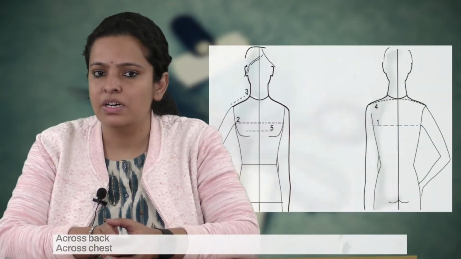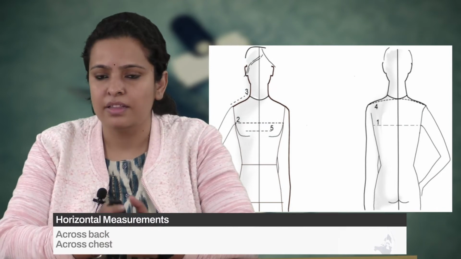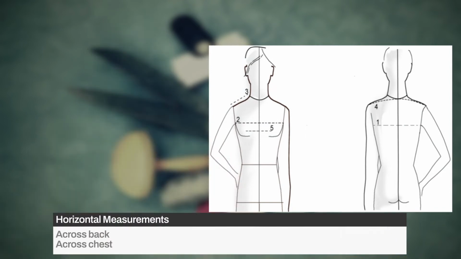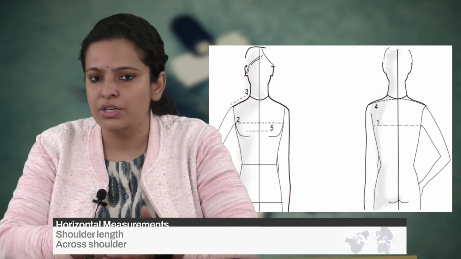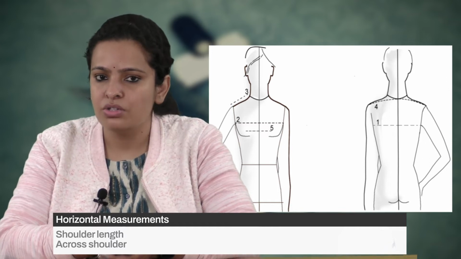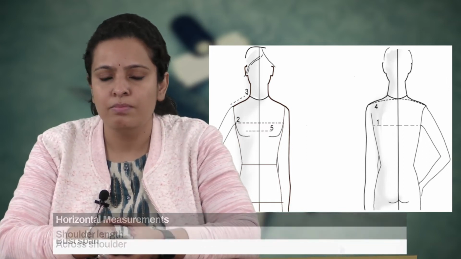The second measurement process we have is the horizontal measurement. In that, we cover the across back, across chest area, shoulder length from one shoulder to another, the across shoulder point, and the bust span.